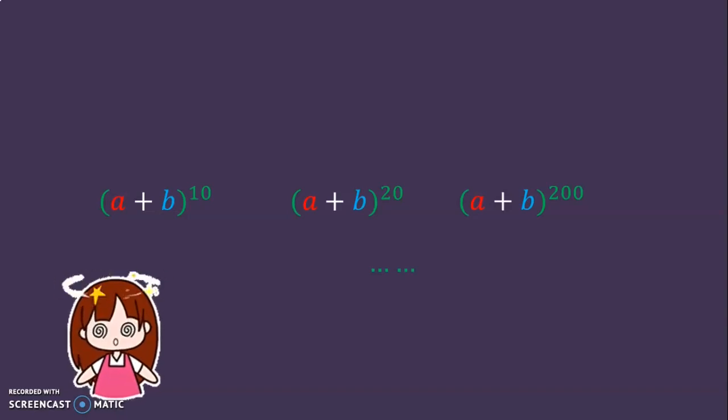Now when the power becomes bigger and bigger, the steps of calculation will become longer and longer. So I would like to introduce this formula of the binomial theorem.